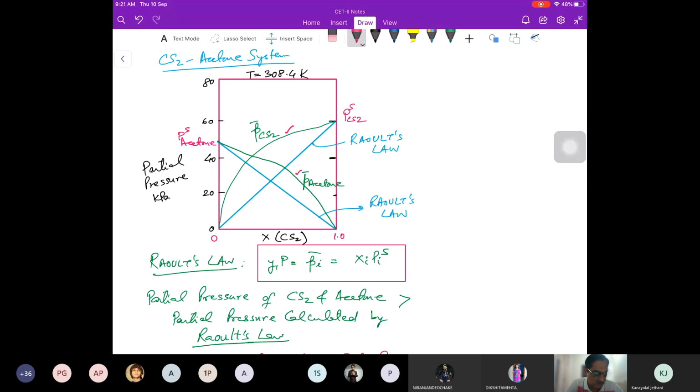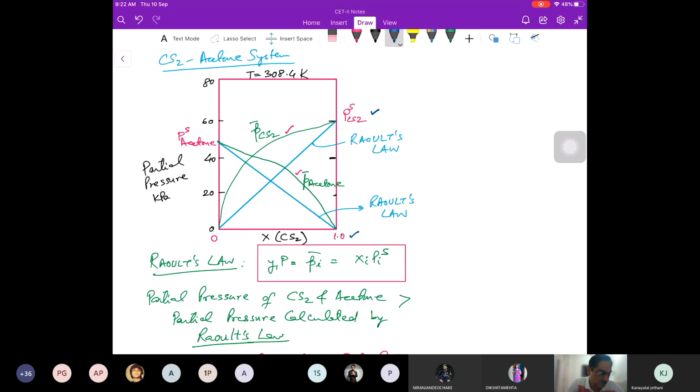Yes, sir. Right. So when you say vapor pressure of CS2, that means it is 100% CS2 here. It is pure CS2. So जो total pressure रहेगा, that is equal to vapor pressure of CS2. Pure CS2, composition of CS2 is 1, right? And if I take CS2 composition 0, that means acetone कितना हो जाएगा?